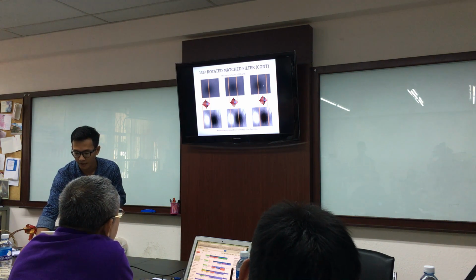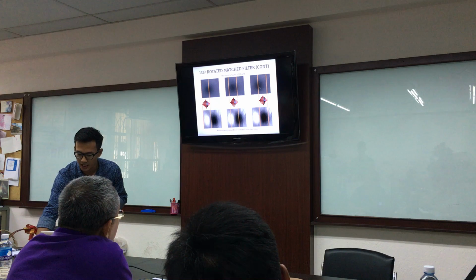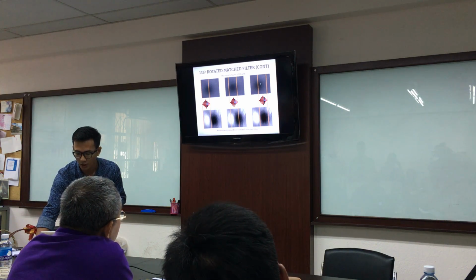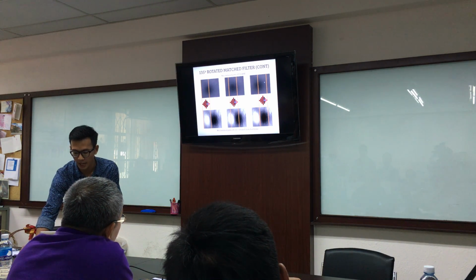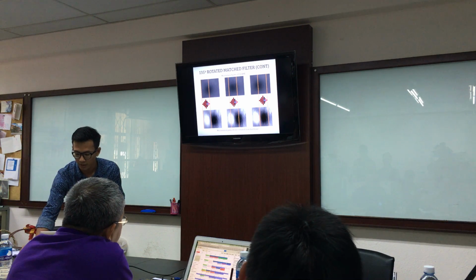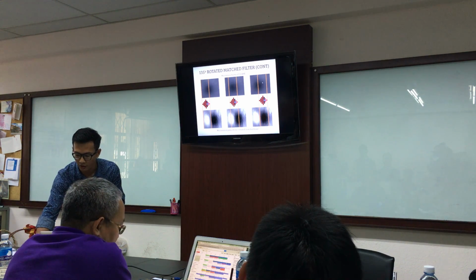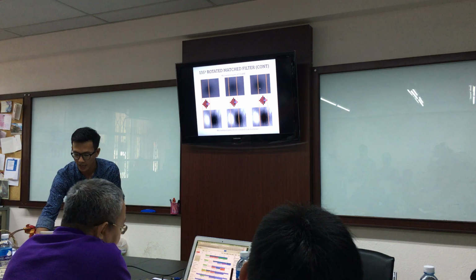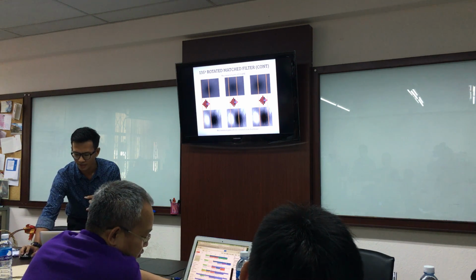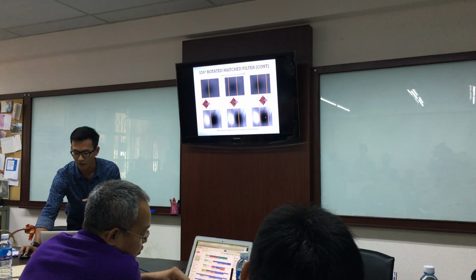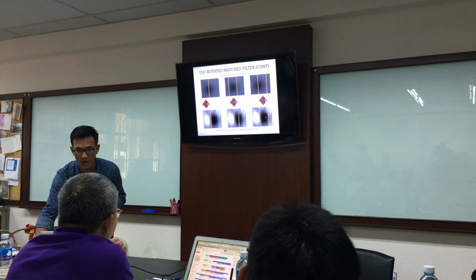And after that, the left-hand side would have lower intensity, and the right-hand side here would have a little bit higher intensity. But the filter on this side has high intensity, so it would drop down the value of the output image.